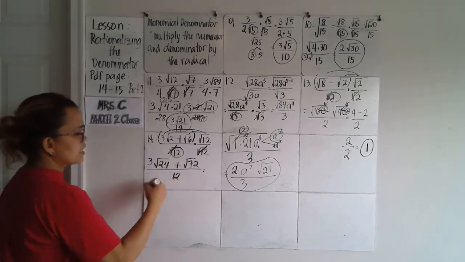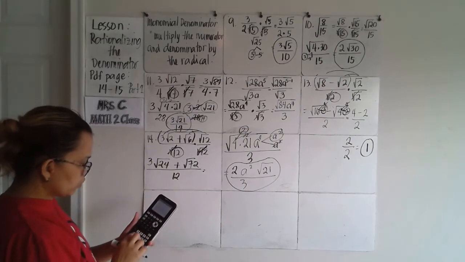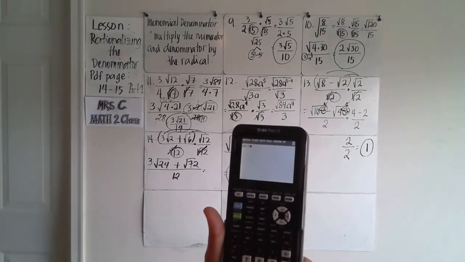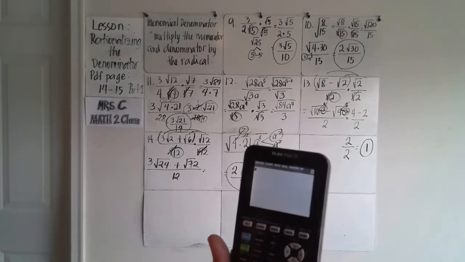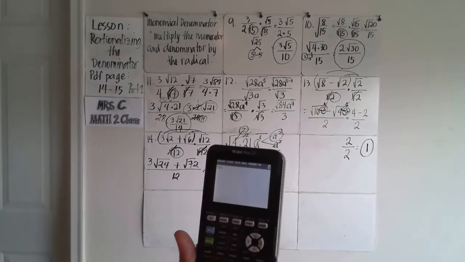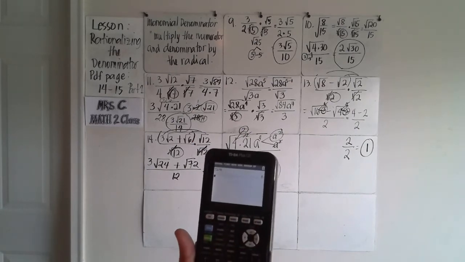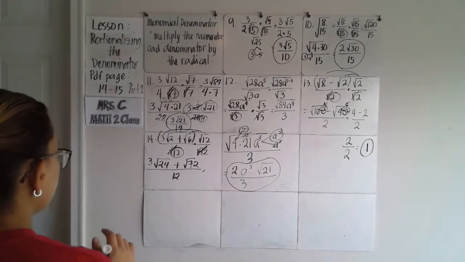So therefore, let's think of a factor for 24 that makes a perfect square. 24 divided by 4 is 6. For 72, let's think of a factor: 72 divided by 9 is 8, or 72 divided by 36 is 2.